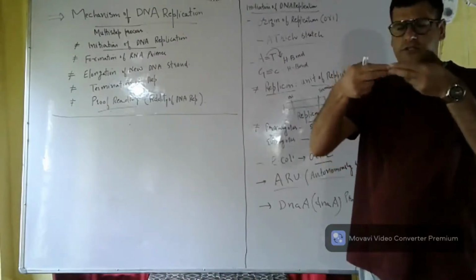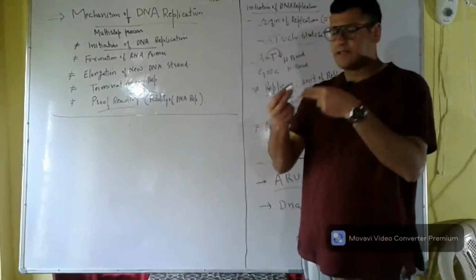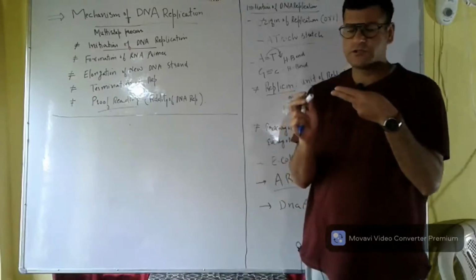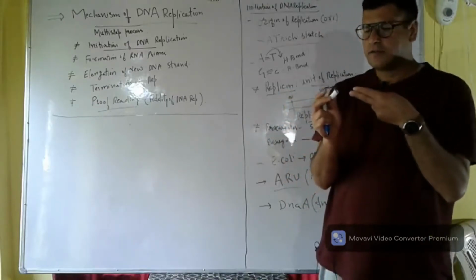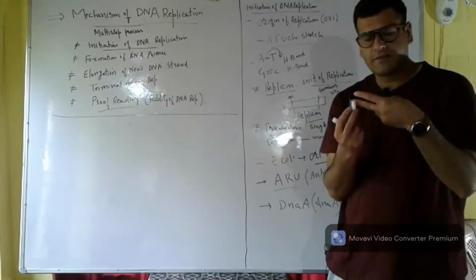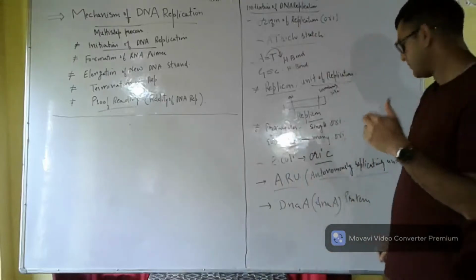For example, this is double-stranded DNA. When the DnaA protein binds to the ORI site, it causes local unwinding or melting of the DNA duplex.